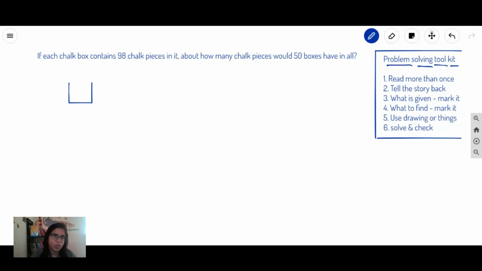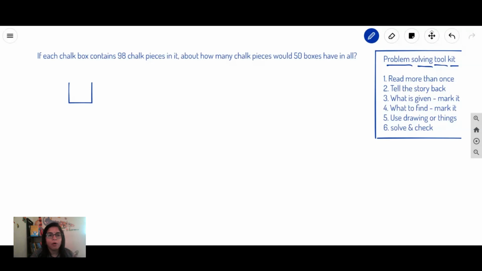Let it be a multiplication question, a number system question, a Roman numerals question, a fraction question, an algebra question, a geometry question, any question. The concept of solving a problem remains the same, the process remains the same, and I am trying to teach you the process. So always keep focus on the six steps that are written on this side.